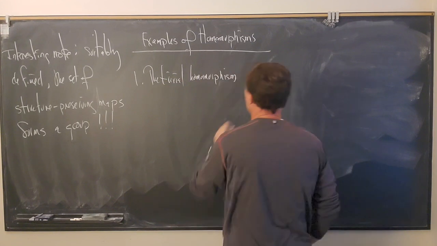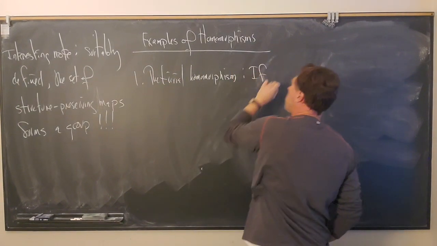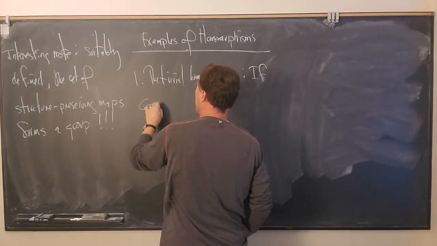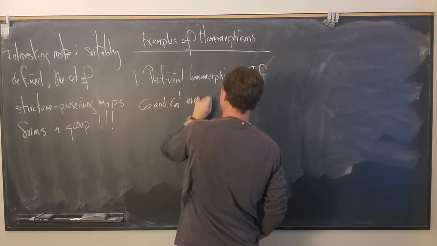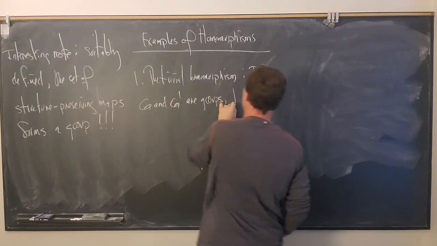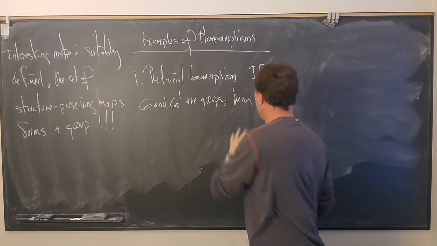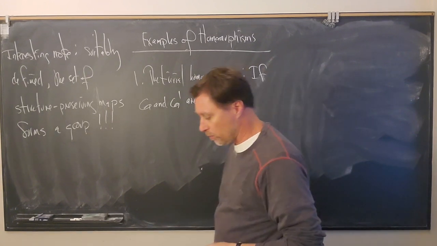So the trivial homomorphism: if G and G prime are groups, then what we have is what's called the trivial homomorphism.